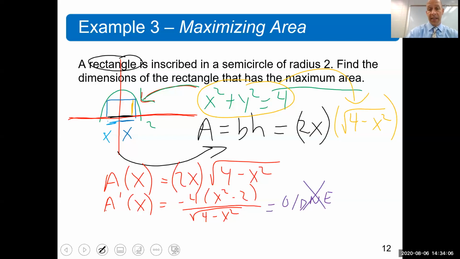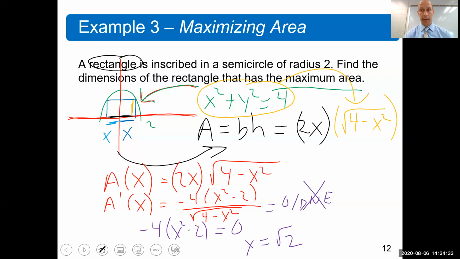And so what I'm essentially asking is, when is negative 4 times the quantity x squared minus 2 equal to 0? Well, hopefully you can look at that and tell that x is going to be the square root of 2. Now, you could put plus or minus, but remember, we're talking about a measurement. You can't tell me that the length of a side is negative square root of 2.